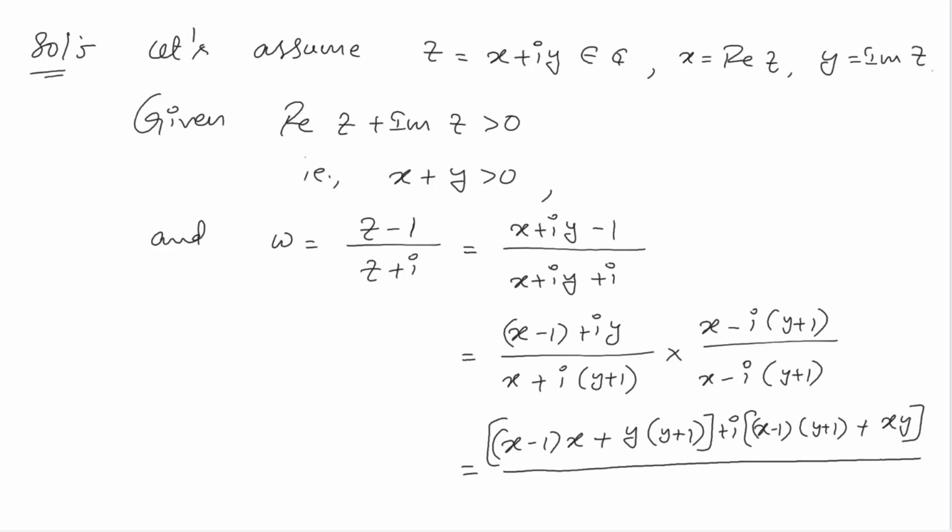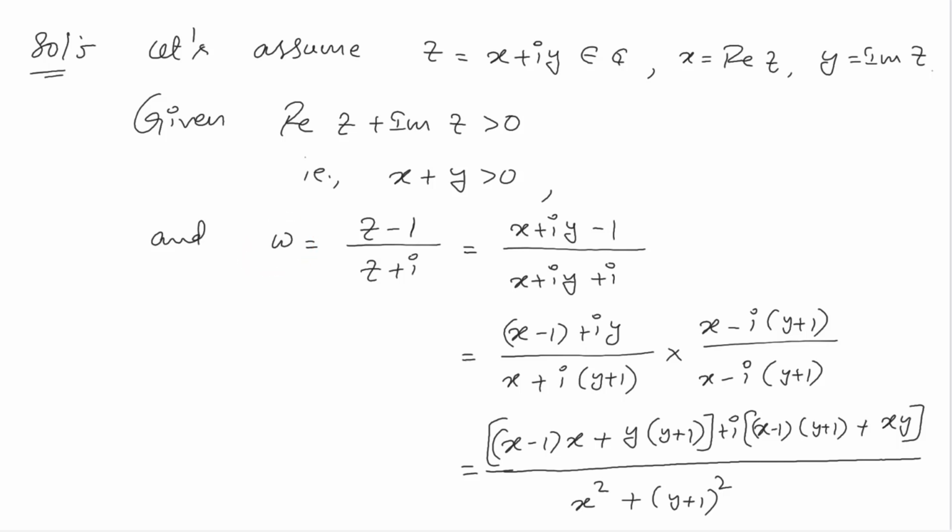And coming to the denominator, since it is in the form of z into z bar, we get this as mod z square, and that is nothing but x square plus (y plus 1) whole square. So now this is nothing but the given function w.